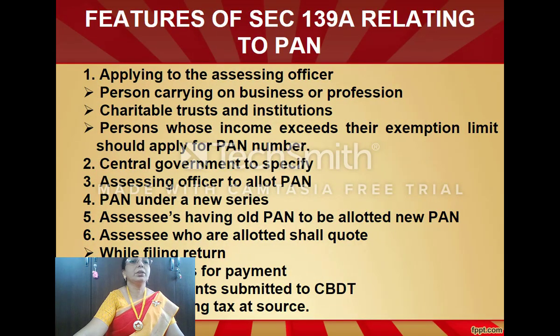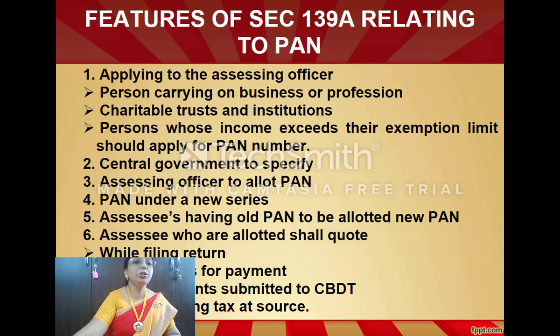So the features relating to PAN: applying to the assessing officer, person carrying on business or profession, charitable trust and institutions, person whose income exceeds the exemption limit should apply for PAN number. Central government will specify, assessing officer would be allotting the PAN.